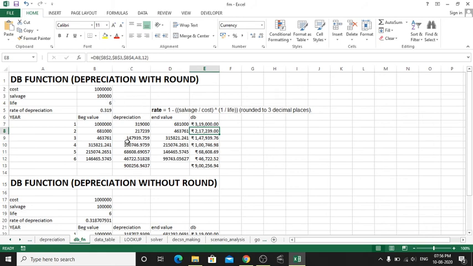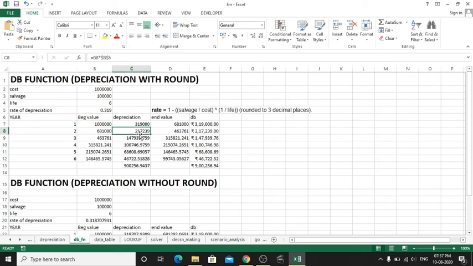This table is just for illustrating how we can use the DB function with the round function and without the round function. Since this one uses the round function, we calculated the fixed rate using the round function. This end value will be the beginning value for the next year, so it equals this end value.